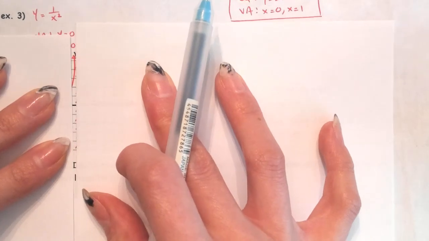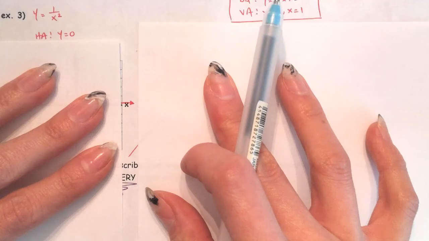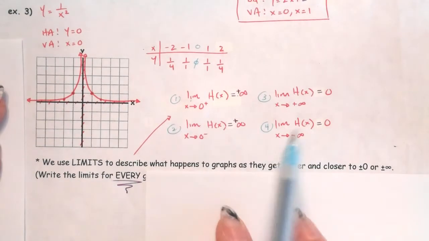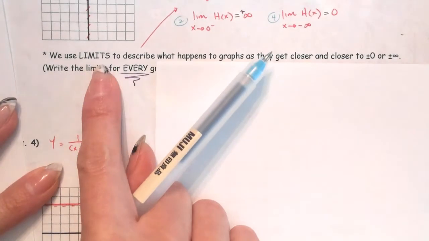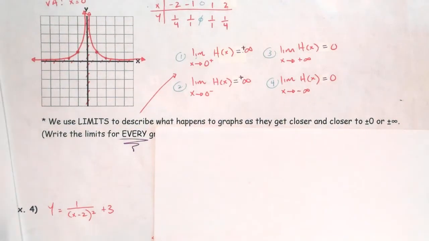To the left, the y value is positive infinity. On the very right side, the y value is 0. On the very left side, the y value is 0. So that's what those 4 limits represent. You're going to use limits to describe every single graph, and that's why I included that in today's attachments as well.